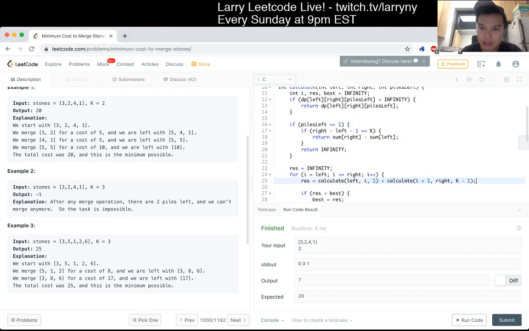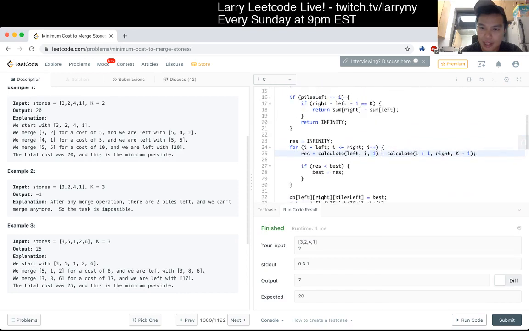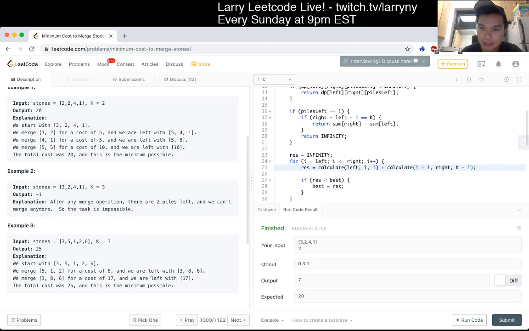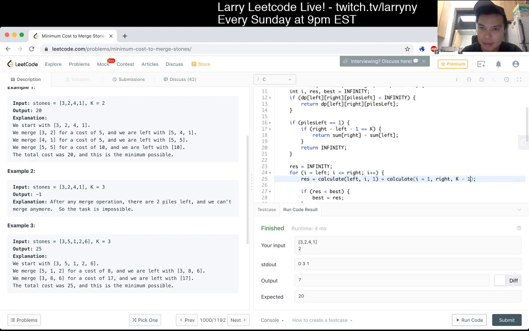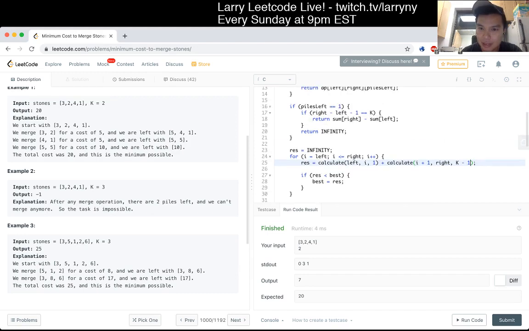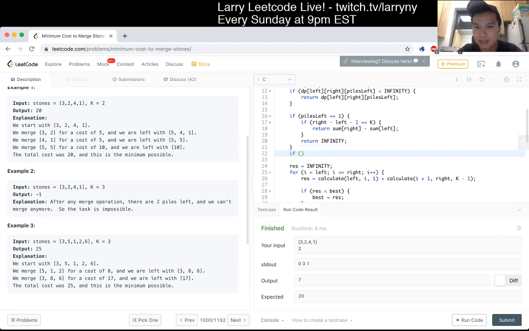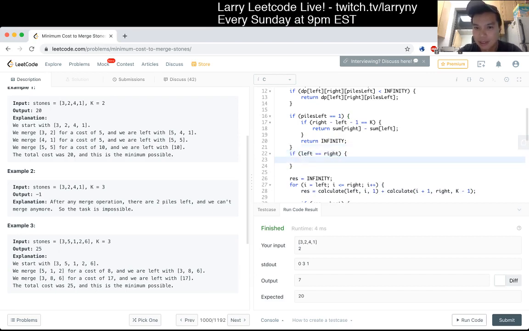You want i to be 1 power plus this to be the other 2 in this case. How is this not going to infinite loop? I guess I need an extra thing, something like if left is equal to right. What does this mean? This returns 0, right?